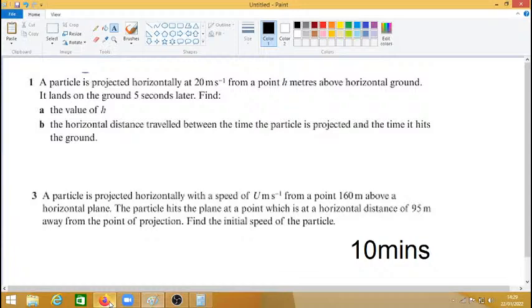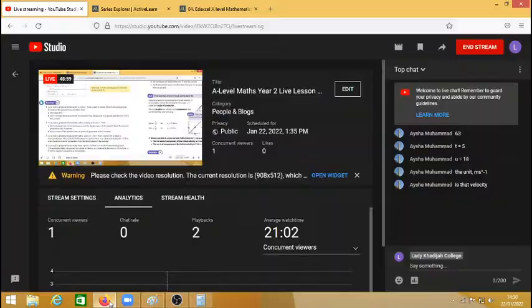So question 1a, type in the value you got for h. And then question 1b, horizontal distance covered. And then question 3, just the answers there.